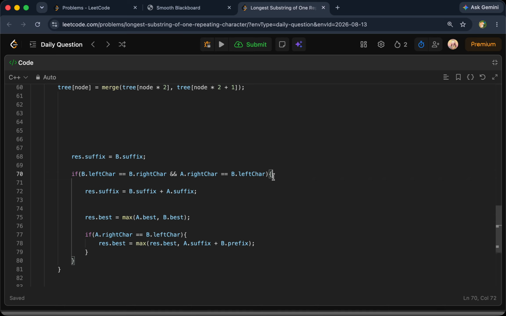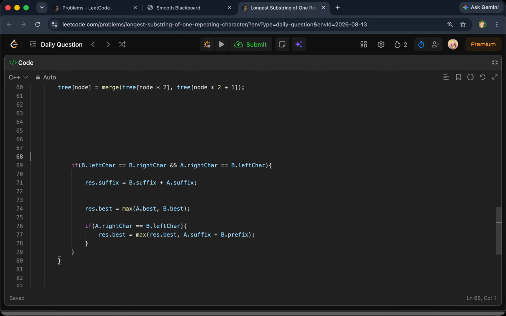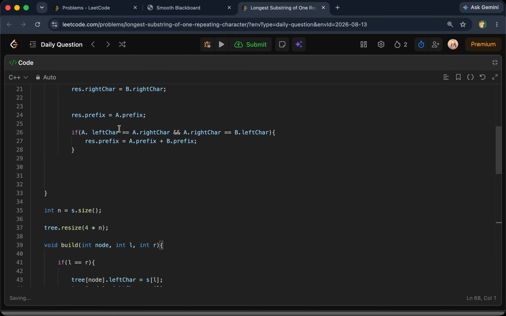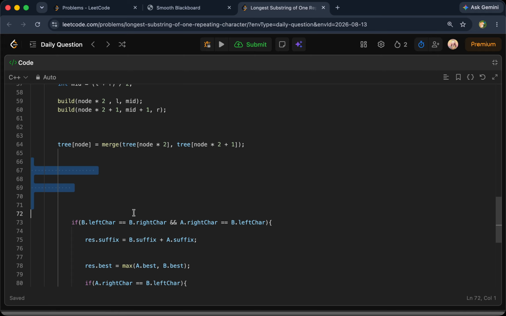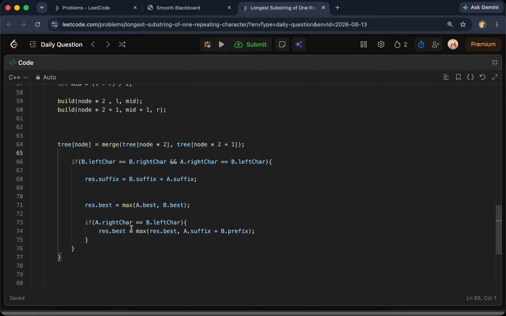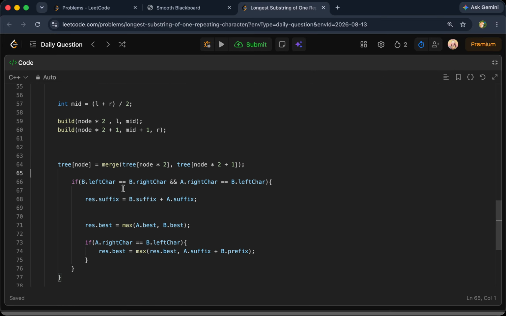I think I see what mistake I have made. If left character b, right character, and here I put the suffix, then where is this?